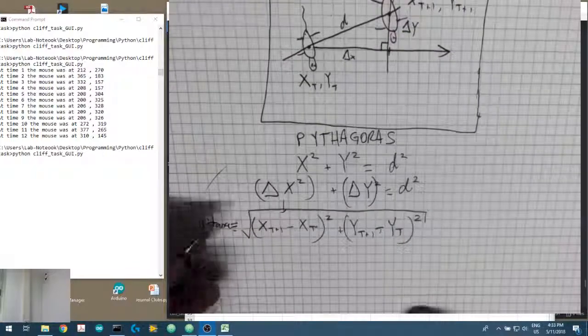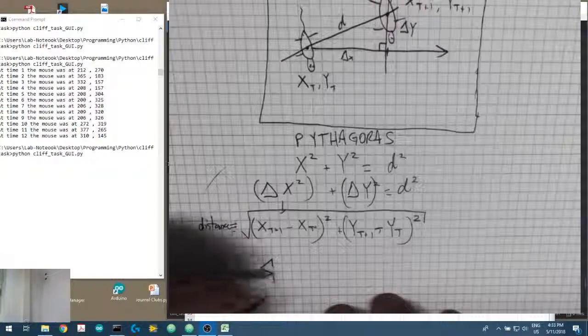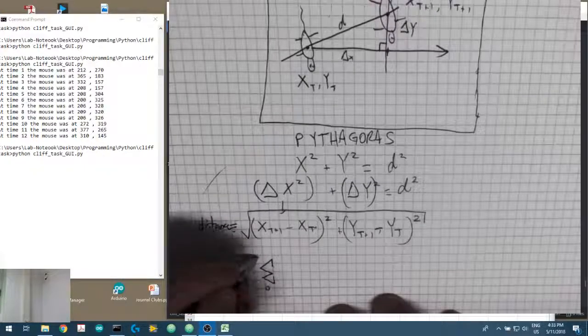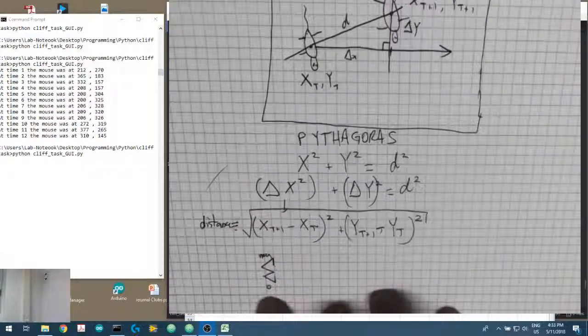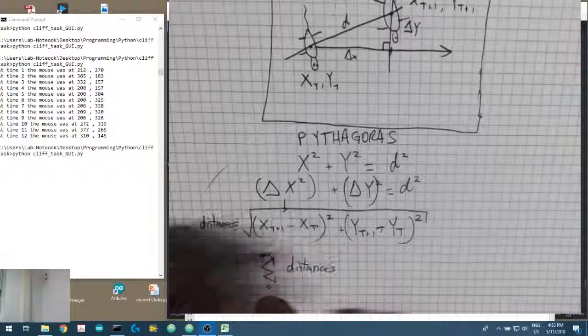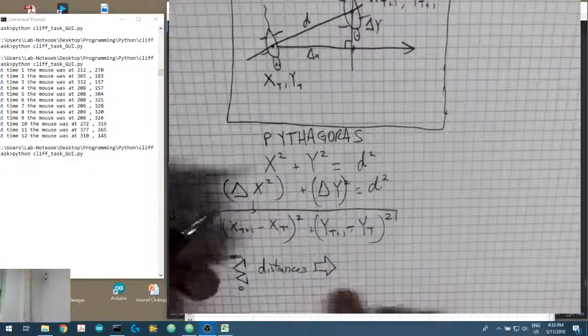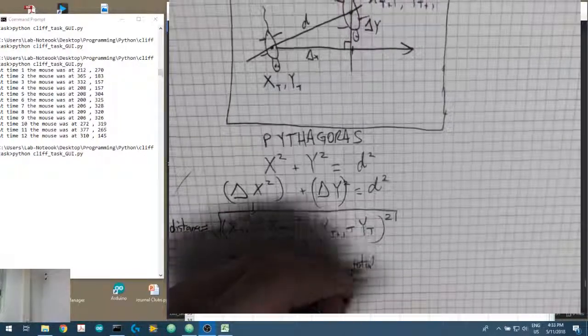Now, if we sum up, from 0 to the max, all of our distances, we will then get the total distance travelled.